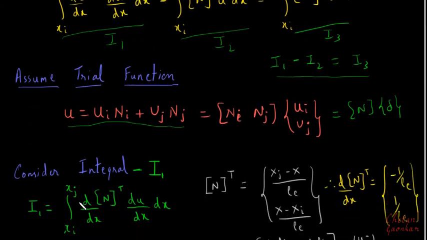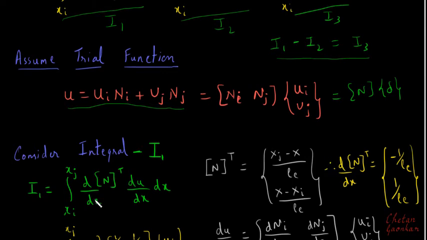This is the first integral I1, and if you look carefully, I need here the derivative of the shape function transpose, and then the derivative of u. Now the shape function transpose can be written this way, because this is our Ni, this is our Nj, and the transpose of Ni and Nj will be a column vector.